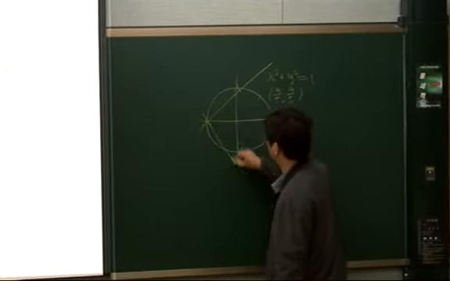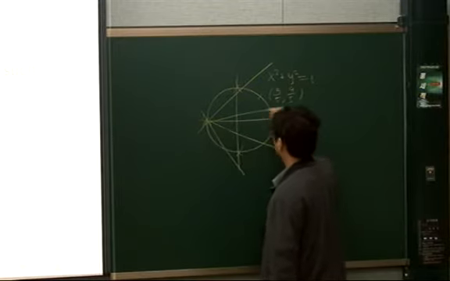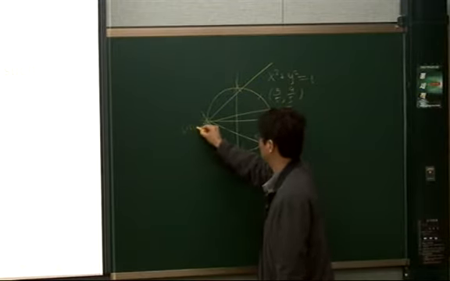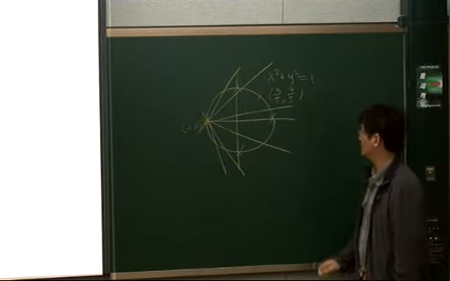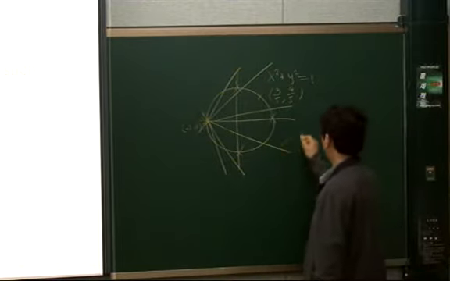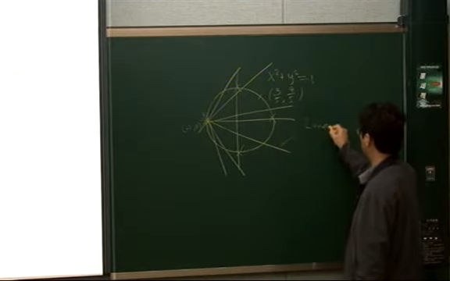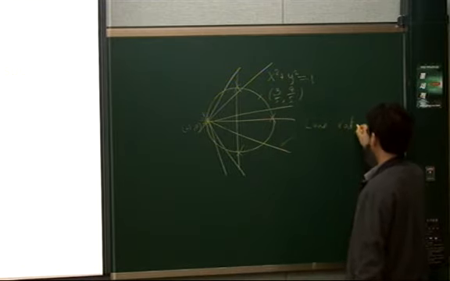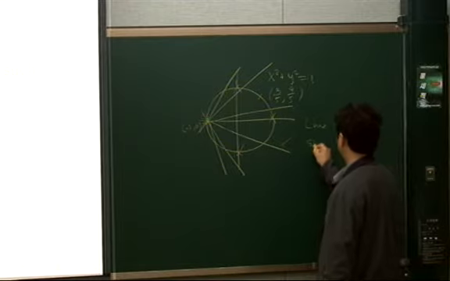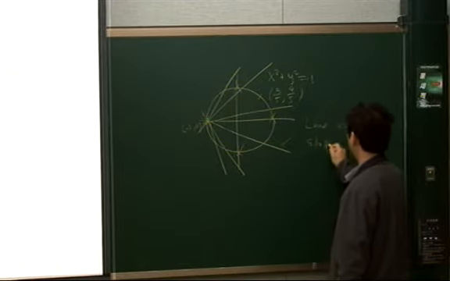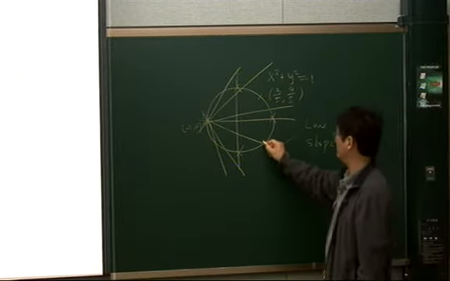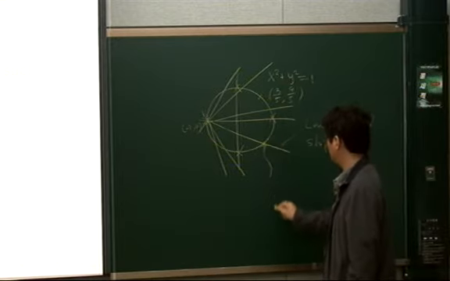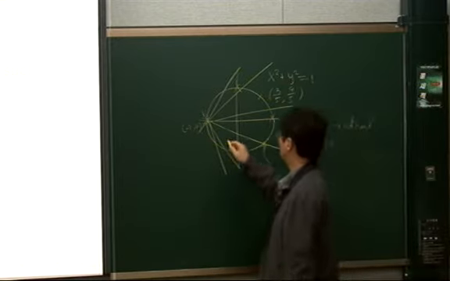You consider all of these lines that go through, for example, this point. Consider all the lines. And so here's the point. When the line has rational slope, something special happens. If you take any line with rational slope, then this point that it meets, let me put it this way.